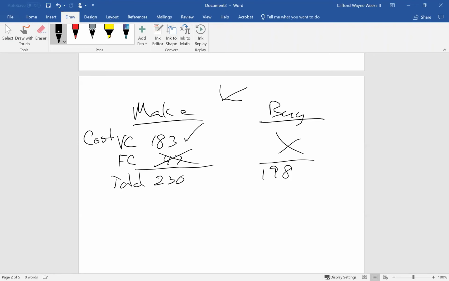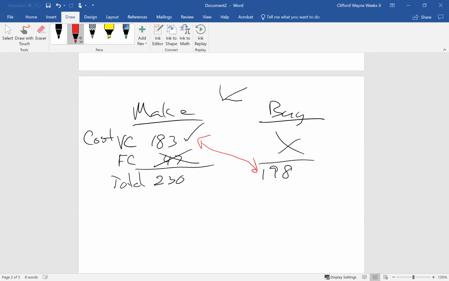This fixed cost is just allocated to our product, because fixed is fixed. If we make it, we're going to incur it. If we buy it, we're going to incur that. And so it is not relevant in our decision making. And so really what we're doing is comparing the differences between these two numbers.